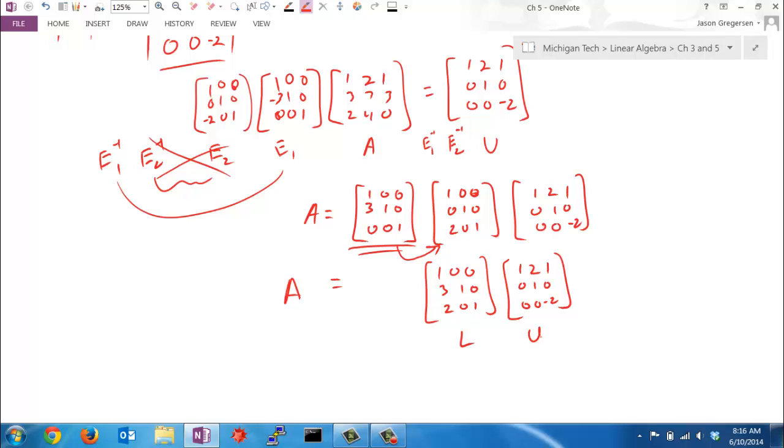So a common practice in computer land is to take A and get to this factorization, because it's easier to use this than it is to use an inverse matrix. It's also very easy to compute the determinant of this, because the determinant of this product is just the product of individual determinants.